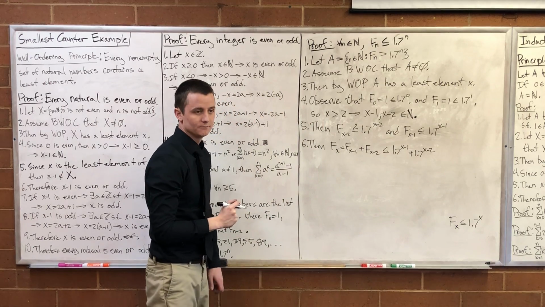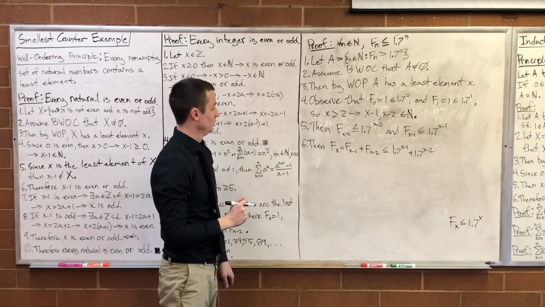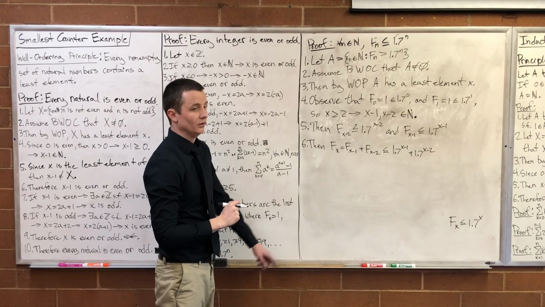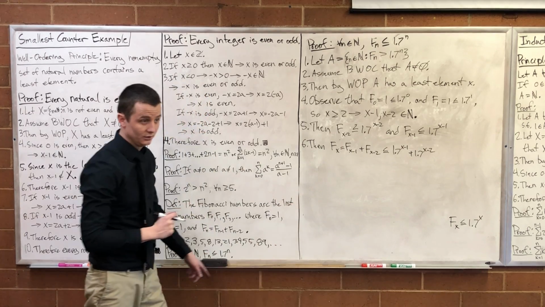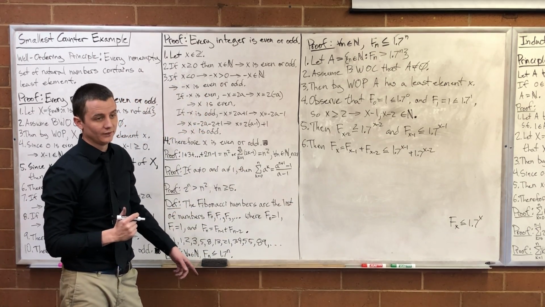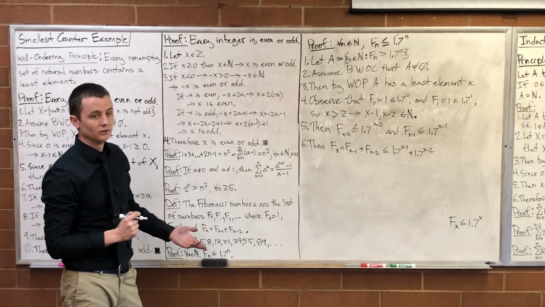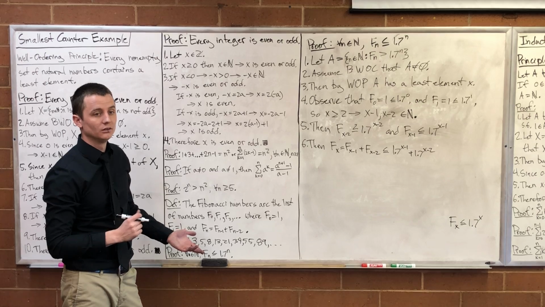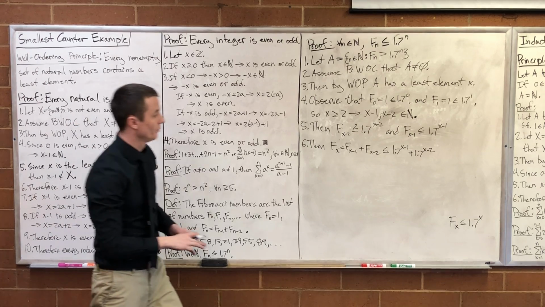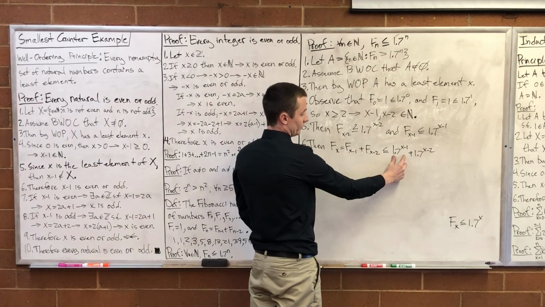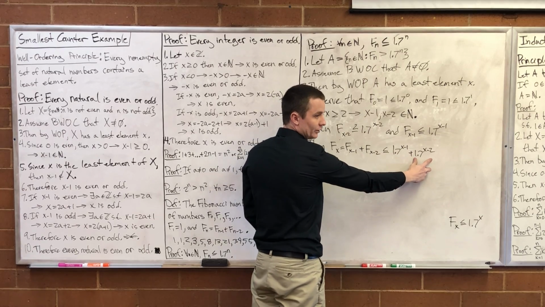You with me so far? Anyone lost with anything I have written so far? Because from here on out, it's just algebra. We know that this number is less than or equal to this number, and this number is less than or equal to this number.